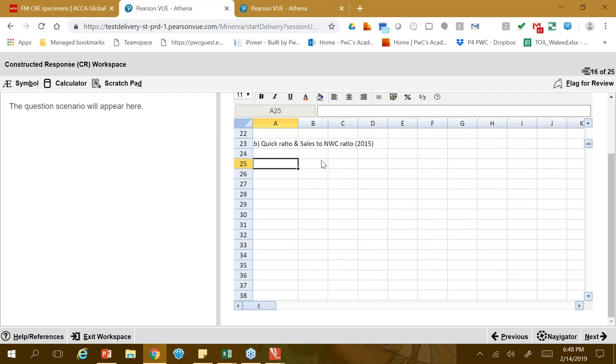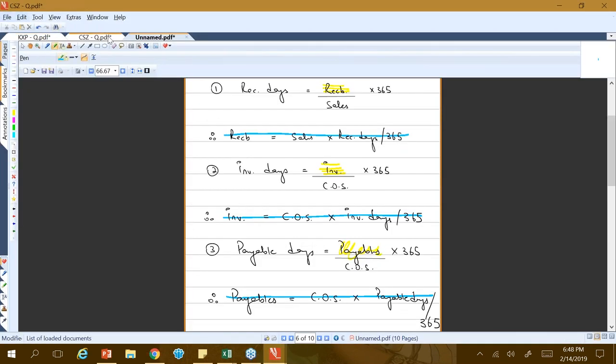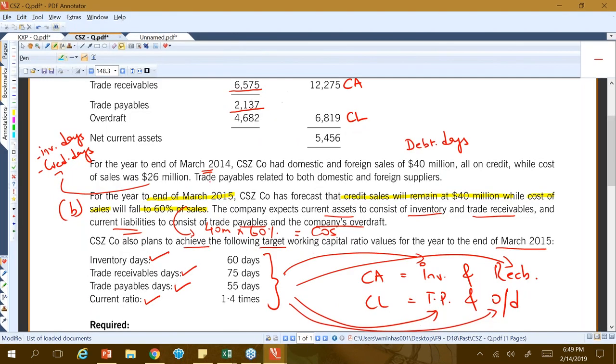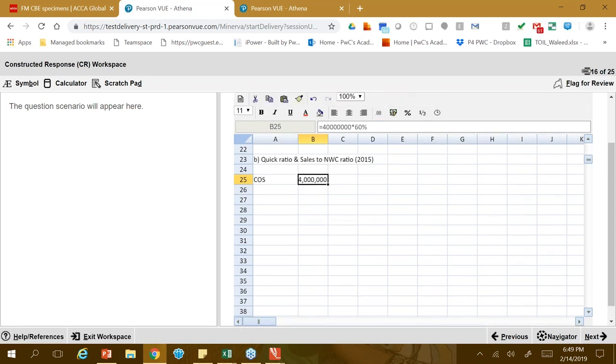To do that, the first thing is to find the cost of sales. The information in the question said that the cost of sales for next year will be 60% of sales. So 60% of the 40 million. Let's take the 40 million, take 60% of that, and that gives me $24 million. $24 million is your cost of sales.